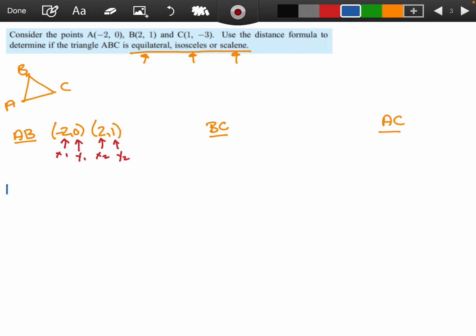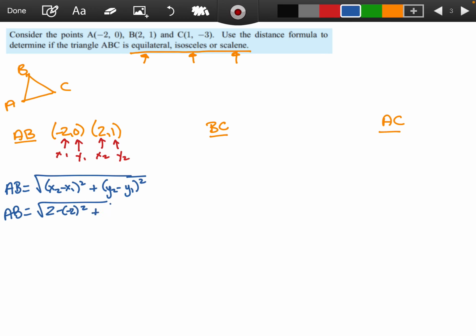And then I can head straight to my formula. AB equals the square root of x2 minus x1 squared plus y2 minus y1 squared. So AB equals 2 minus -2 squared plus 1 minus 0 squared.